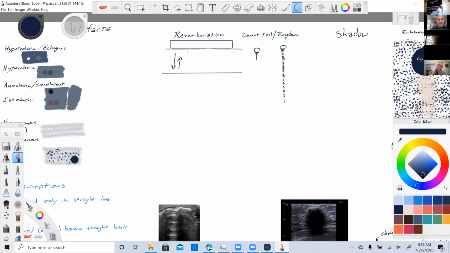But then it bounces again off, in this case, the transducer itself. Reverberation can happen between an interface and the transducer, or between two interfaces deeper inside, but in this case I'm making it super simple. Then this comes back down and creates another echo. Well, it took time to do that.